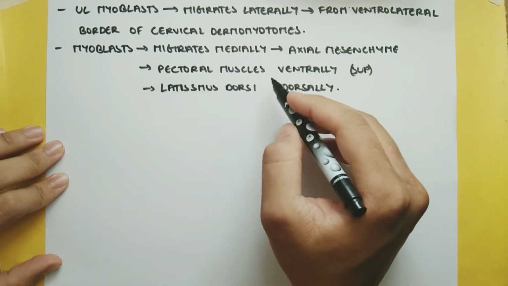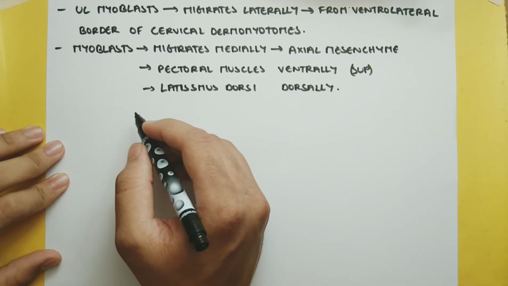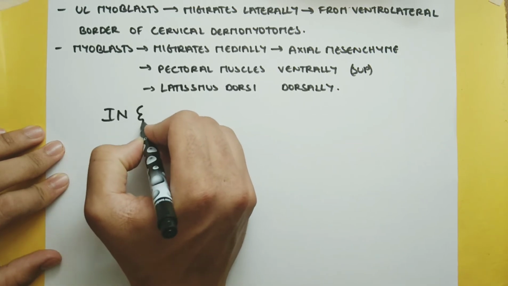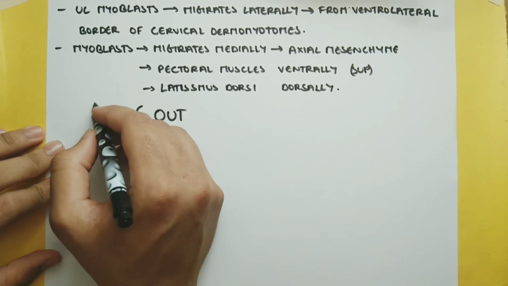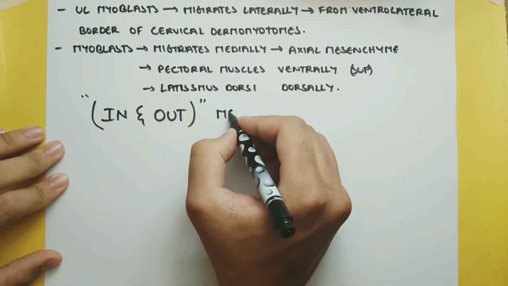This origin of pectoral muscles and the latissimus dorsi has been described as the in and out mechanism.